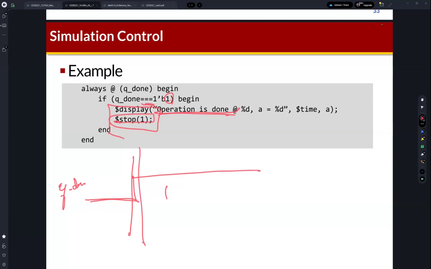As you can estimate, the Q done signal is the done signal, just an output signal, but we can use the done signal for stopping the simulation. If the done signal is detected, then the simulation is stopped.